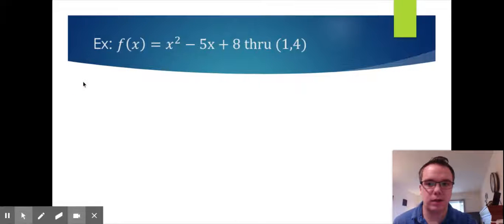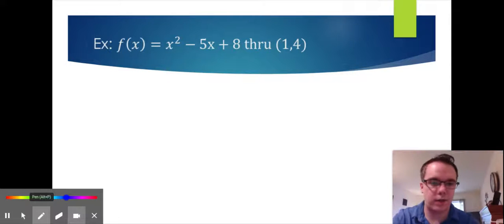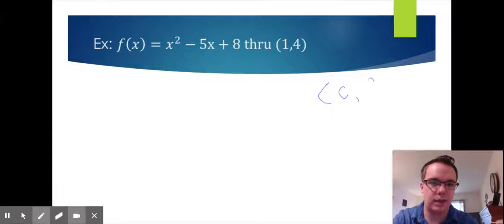So here is our first example. We're going to find the tangent line that goes through the point (1, 4) for the function f of x equals x squared minus 5x plus 8. All right, so first of all, every point they give us, remember, is our c and our f of c.